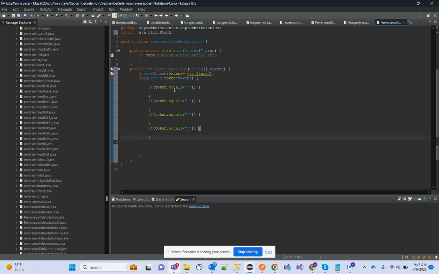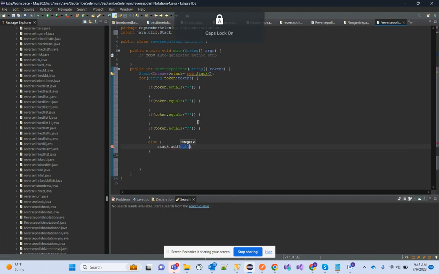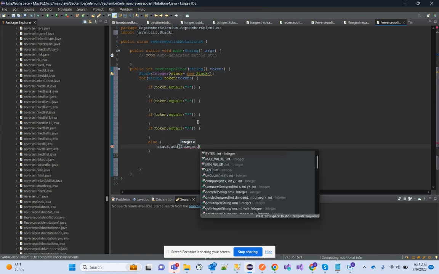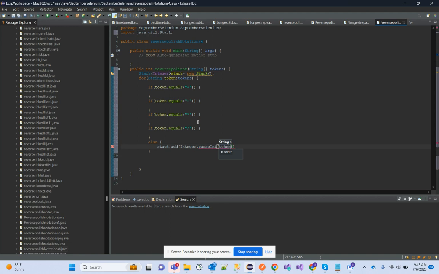And other than these four valid expressions, whatever will be coming, it might be a character, it might be a string, it might be a space or anything. We just have to convert it into integer and add it into the stack. Stack dot add, Integer dot parseInt of token. Simple. And then we have to return the entire thing.